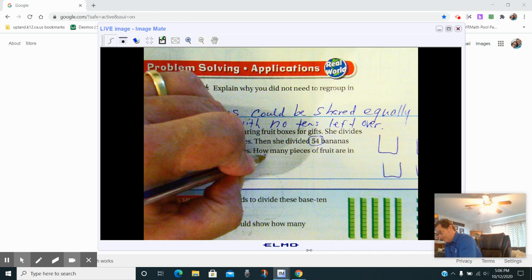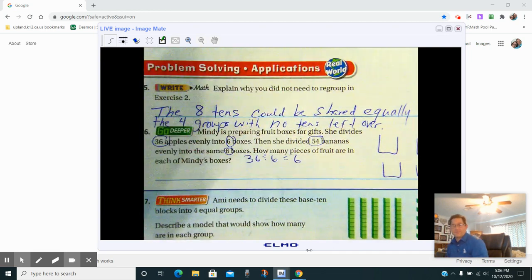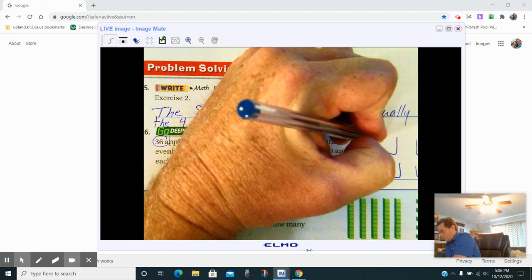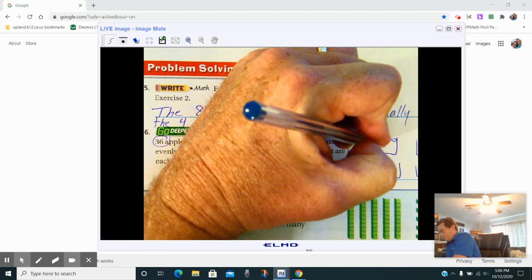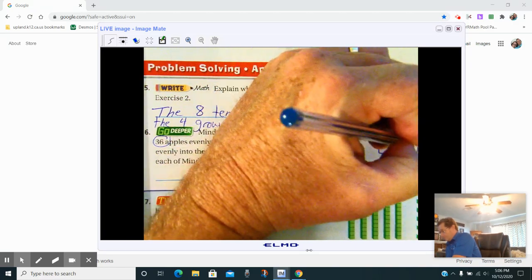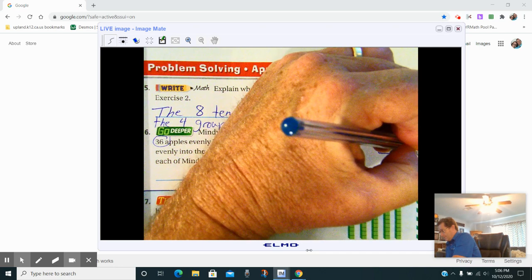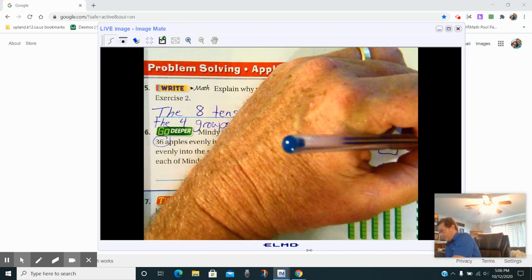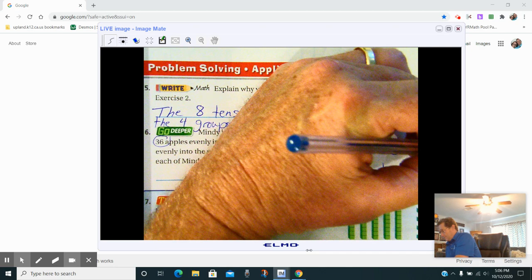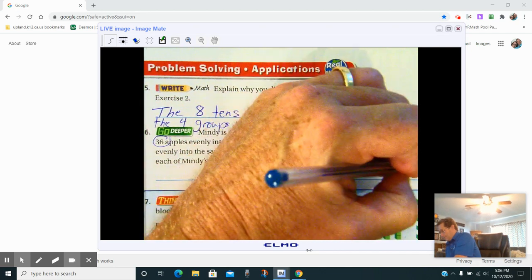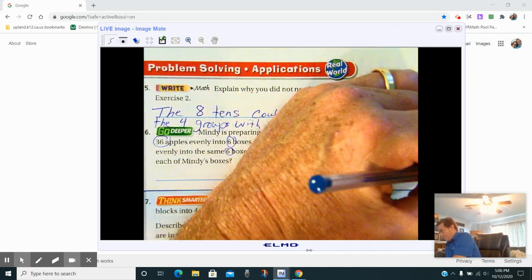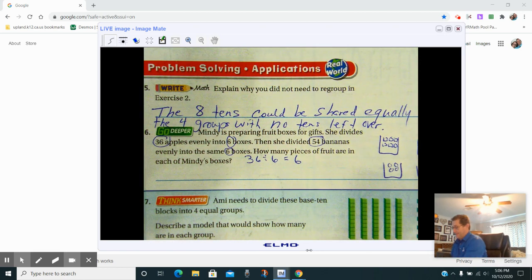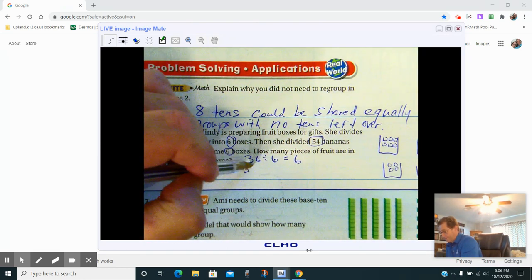So 6 apples in each group. And then she has 54 bananas that she's going to put into those same 6 boxes. And 6 times 9 is 54.